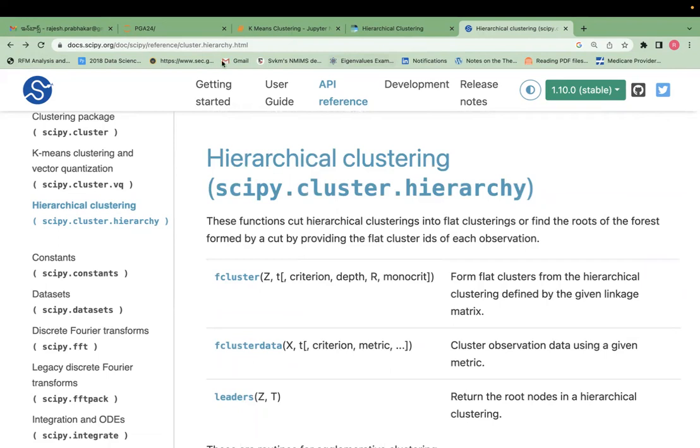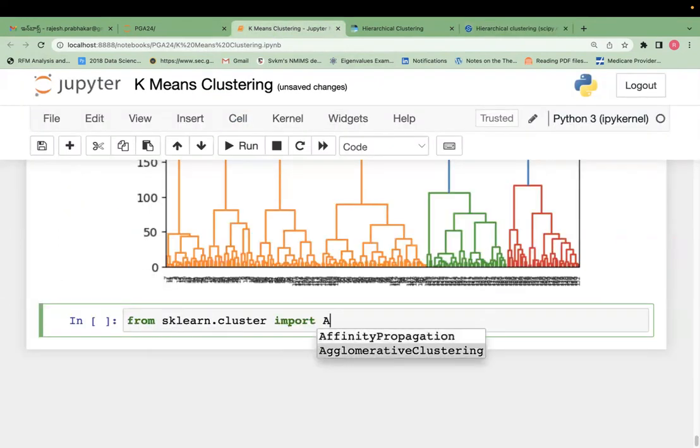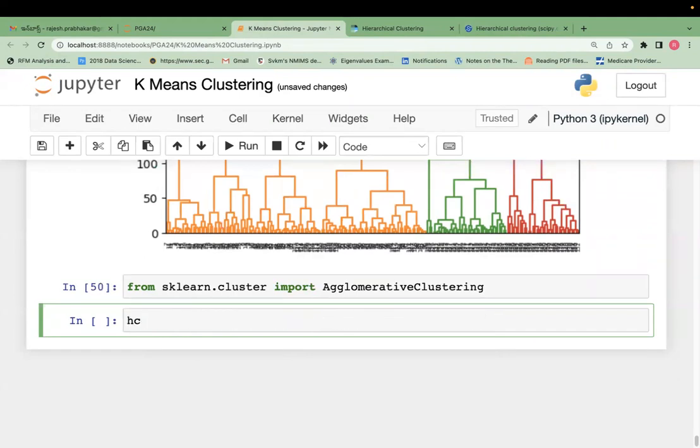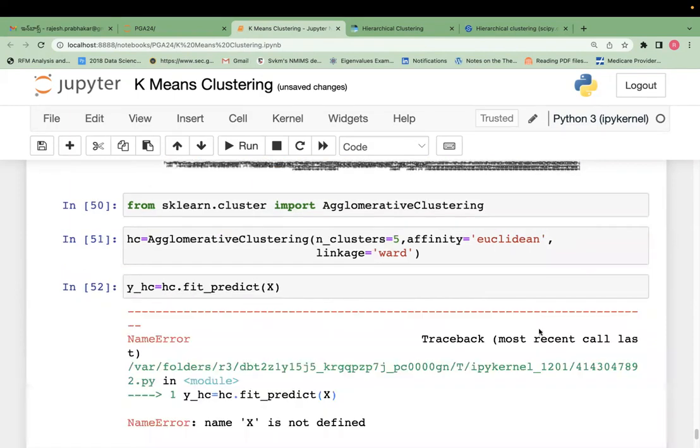Now we also have this in sklearn: from sklearn.cluster import AgglomerativeClustering. hc = AgglomerativeClustering(n_clusters=5, affinity='euclidean', linkage=what?). y_hc = hc.fit_predict(mall_data).